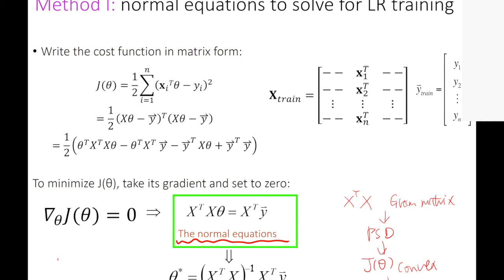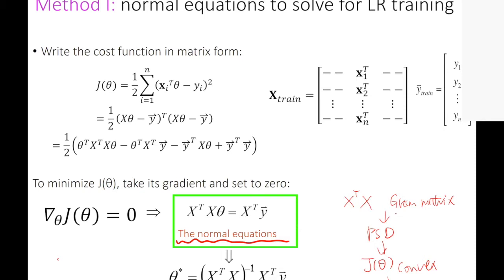There are some more mathematical details I left out, but I want to cover them quickly here for those who want to learn more. We can calculate J(theta)'s Hessian matrix, which is related to X transpose X, normally called the Gram matrix.